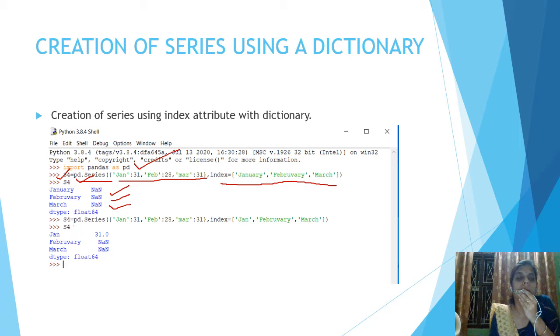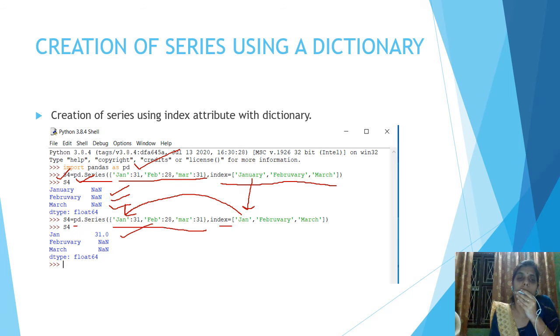Here see one more example. Again we created a series S4 in which a dictionary is used, but now the index value is a little bit changed. In place of January we used Jan, which is also a key in the dictionary. The index of the series is Jan, February, March, and for Jan the associated value is 31.